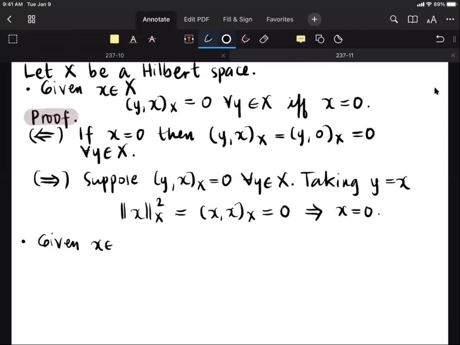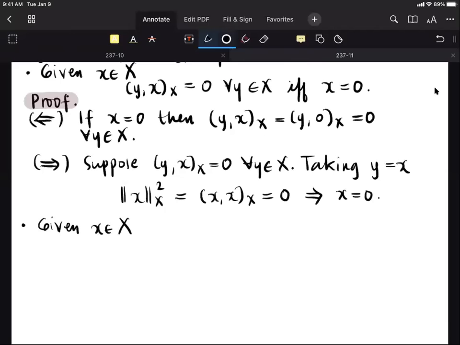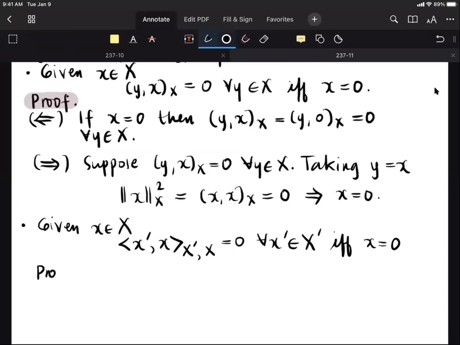One can extend this in the case of the duality pairing. So if the duality pairing is 0 for any X prime in the dual space of the Hilbert space X, then this is true if and only if X is 0. For the proof, the basic idea is just to use the Riesz representation theorem.